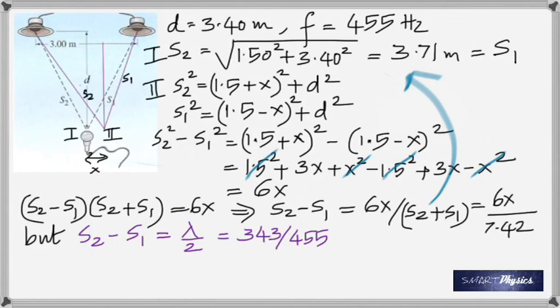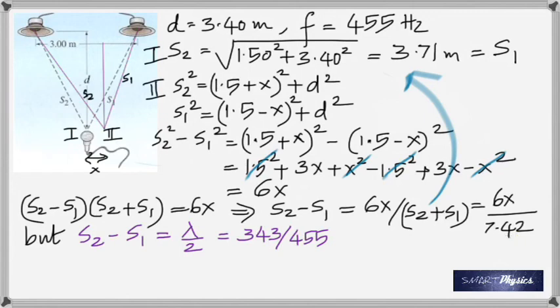Because s2 minus s1 should be equal to lambda by 2. Why? Because in the problem you're asked to find the next position for which you get the minimum. So we are talking in terms of lambda by 2, and the wavelength is really small. That's why this approximation is okay, rather more than okay.